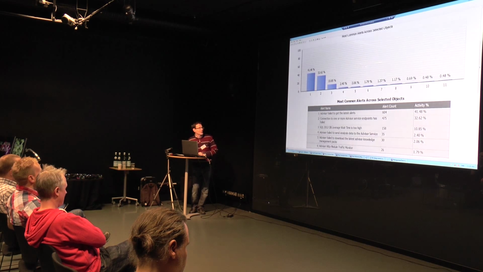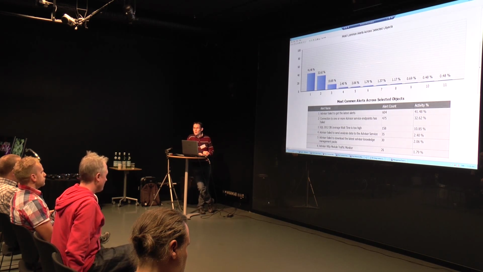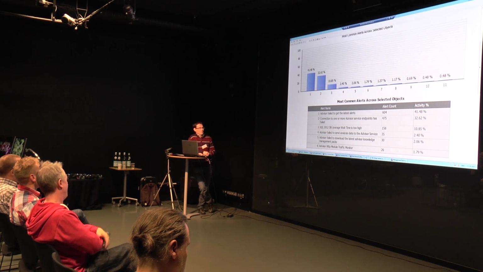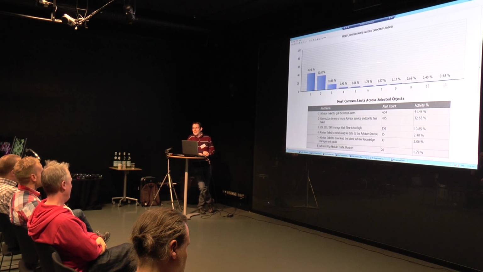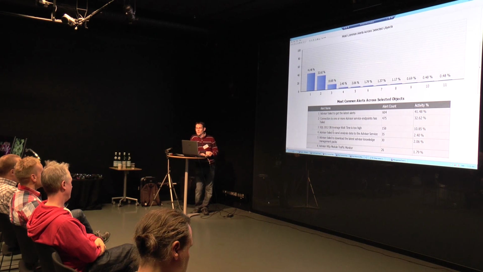So my most common alerts are actually advisor failing to connect to the cloud. It's not supposed to be like that, but just because this is a test environment. One other that you see here, my average wait time is too high for my database.